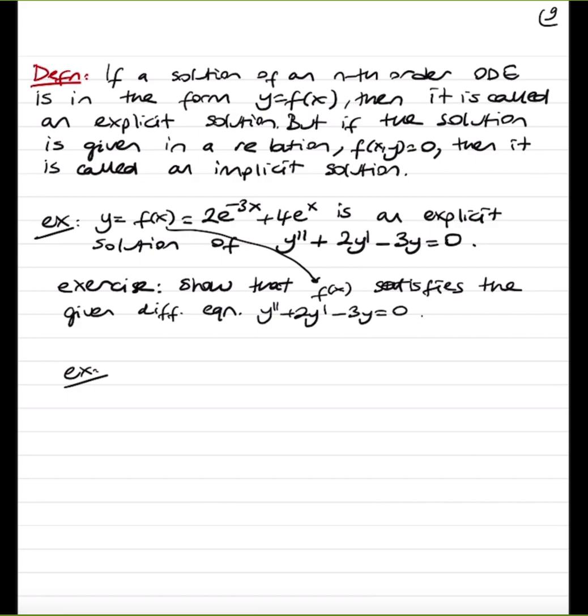And let me give an example of an implicit solution.